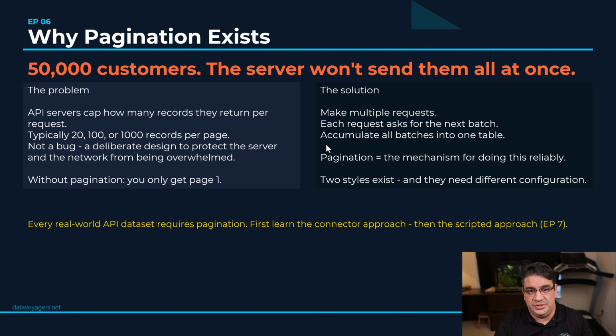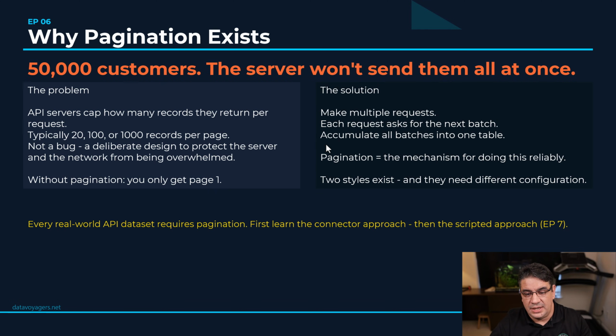But in order to reduce the stress on the server and not have to wait for long periods of time to have the full collection, some REST APIs implement pagination. And pagination just splits the number of records per page. In most cases, you can define how many records you want returned per page. It's usually 10 up to 100, sometimes 500 records, 1,000.